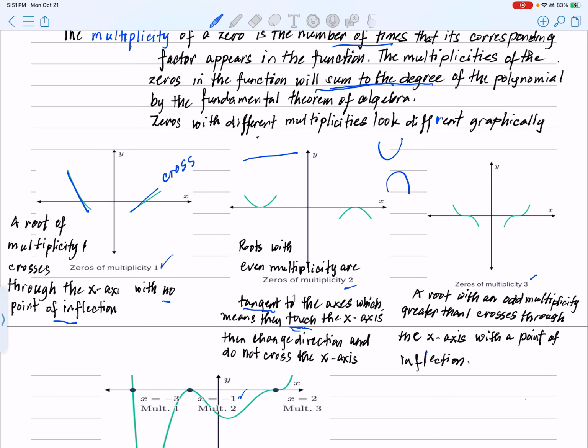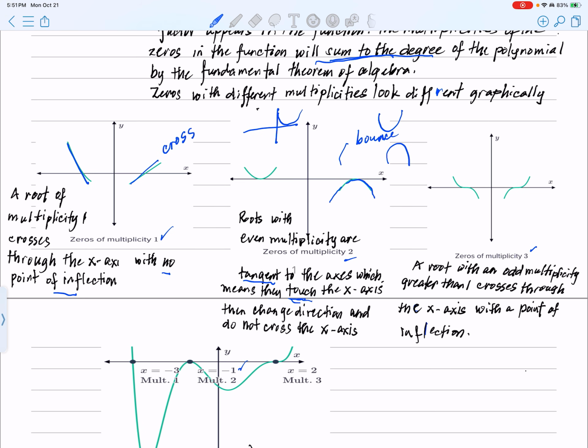If this is your graph right here, it just touches. That means it bounces, it turns from here, just turns down. That is how it looks.